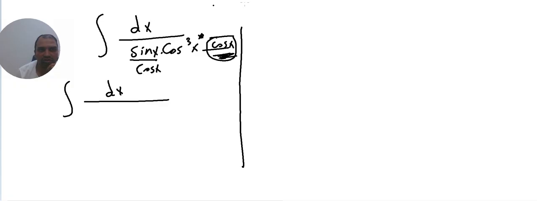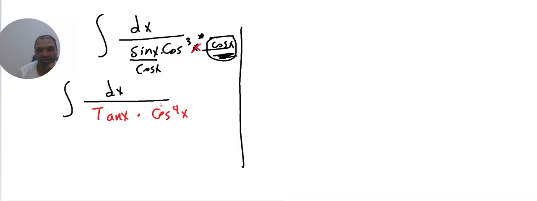Because sine over cosine will be tan, you can write tan x product by cosine power 3 product by cosine power 1 of x, which will be cosine power 4 of x. And you can simplify this also.